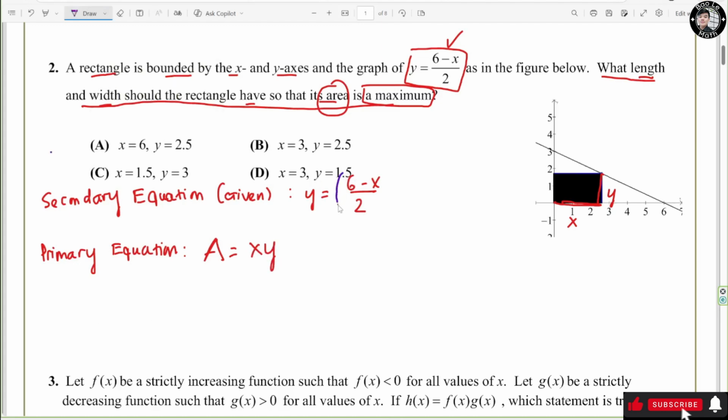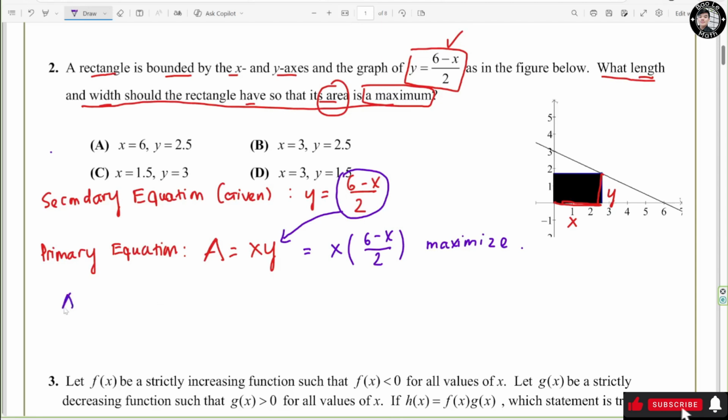Now we're going to substitute 6 minus x over 2 for y into the primary equation. So we're going to have x times 6 minus x over 2, right? And we need to maximize this one, right? So we're going to distribute this one.